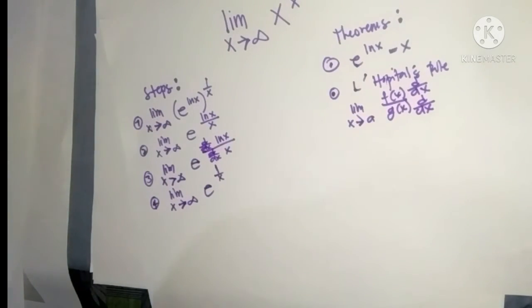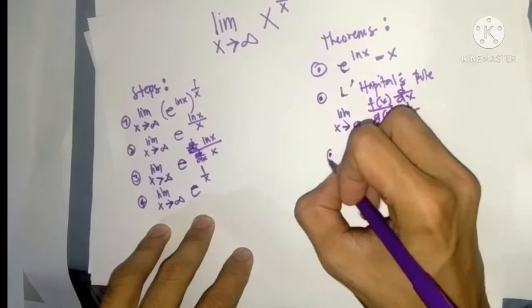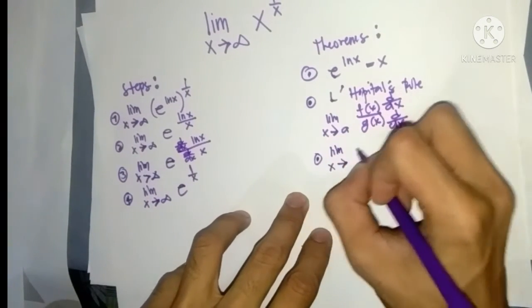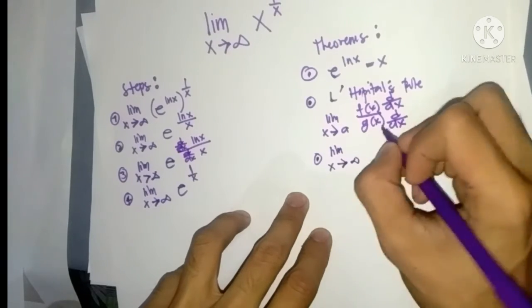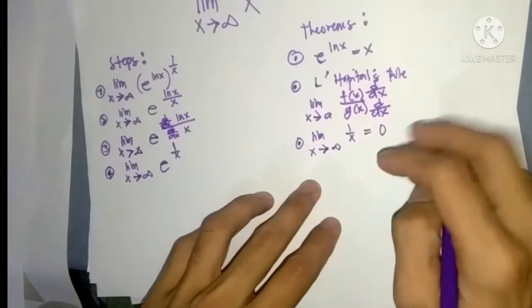Then, para mahanap natin yung value neto, kailangan natin ng isa pang theorem. So, a limit as x approaches to infinity of 1 over x is 0. Why?